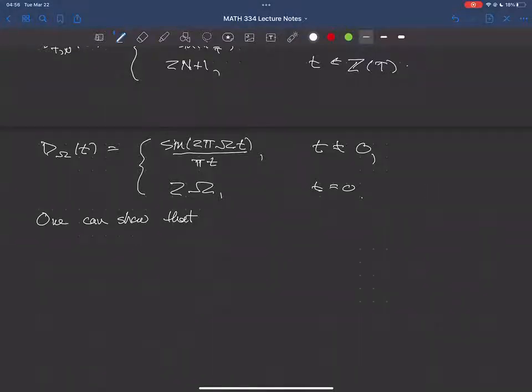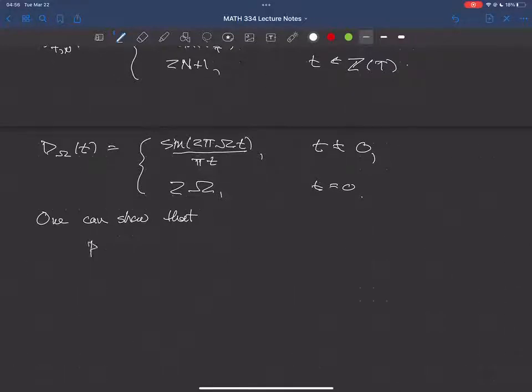So what you get here is a different kind of formula for the Dirichlet kernel than you did for the Fejér kernel, depending on whether omega is an integer multiple of the frequency associated with the period.